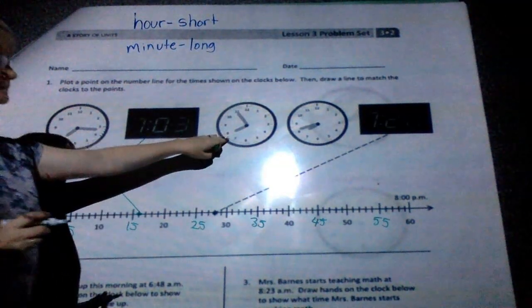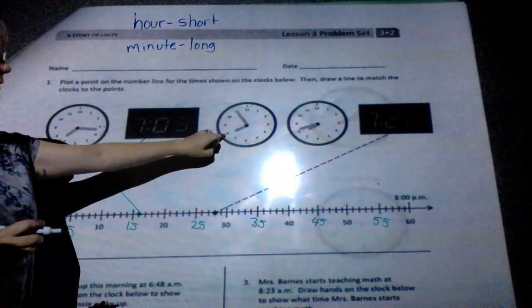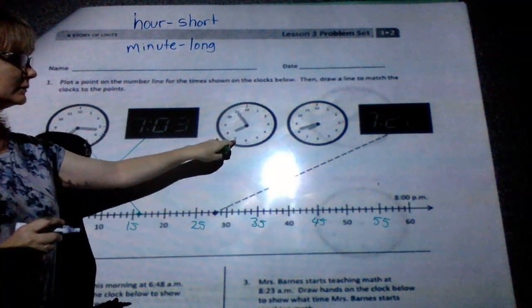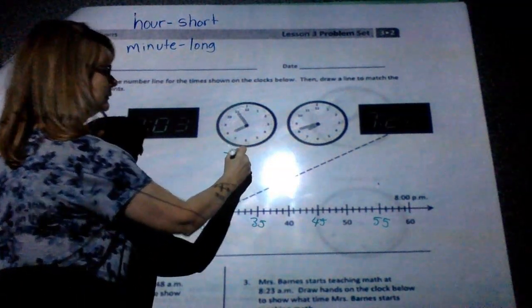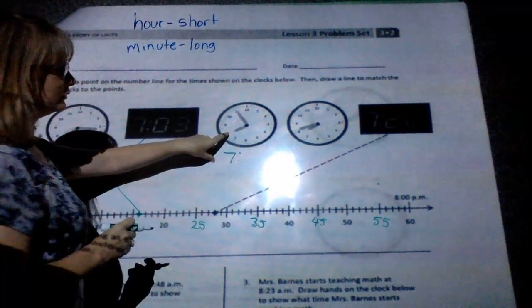How about this one? It looks like it's on the 8, but look, we're definitely in the danger zone. So go back to the 7. Looks like it is 7.